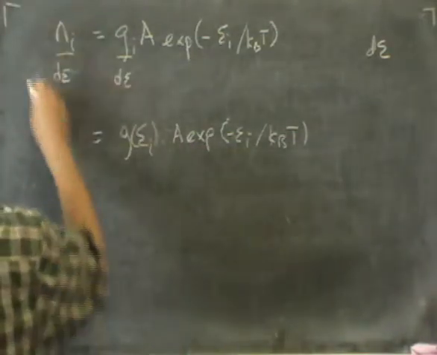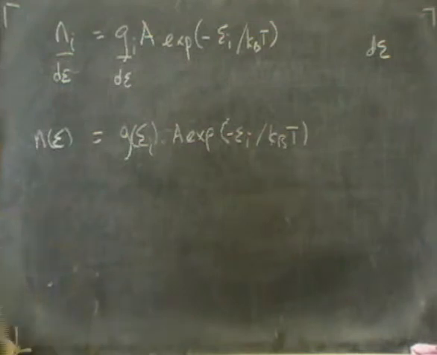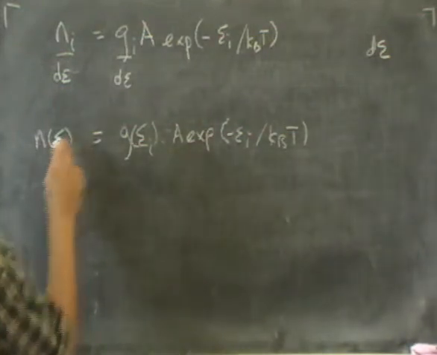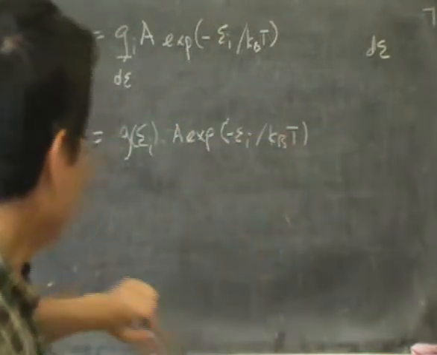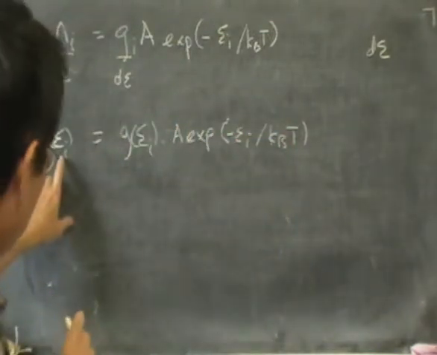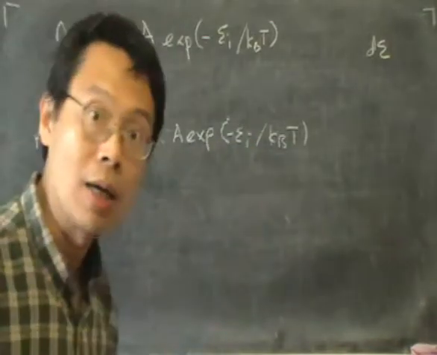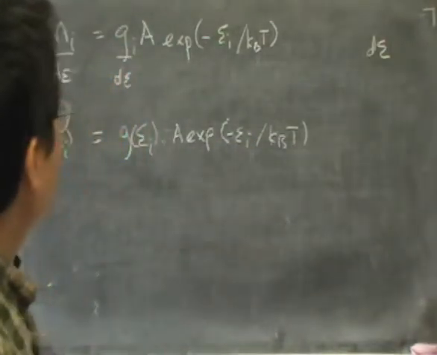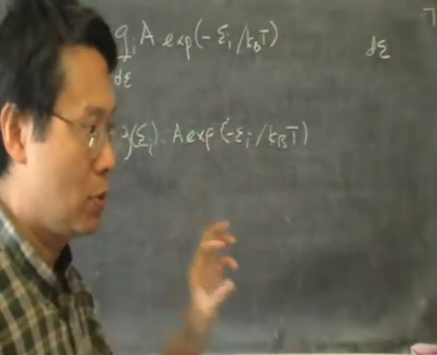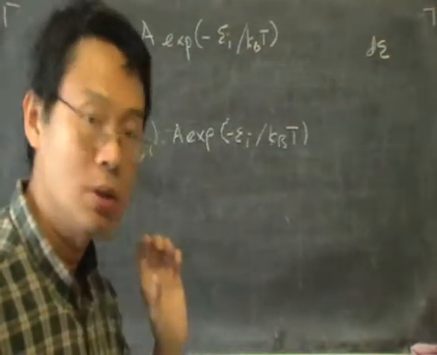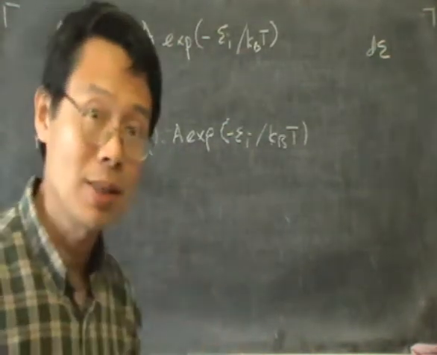So I'm going to rename this with N(e). So now we have this expression, and the energy variable here is ei. Now we have used i to help us keep track of the intervals when we did the Lagrange multiplier calculations.